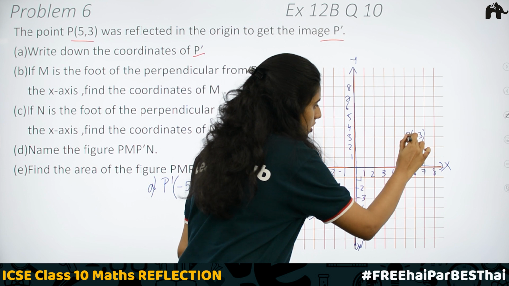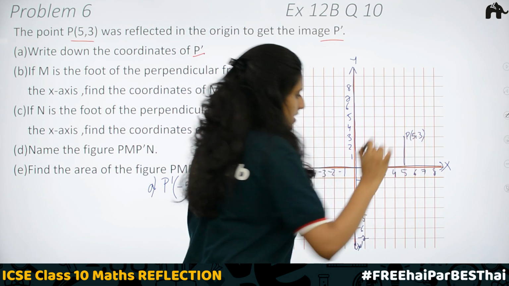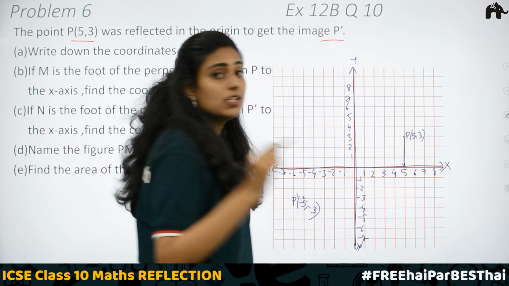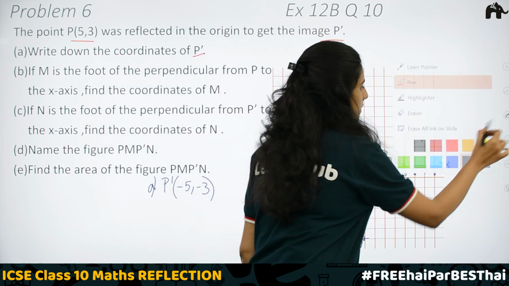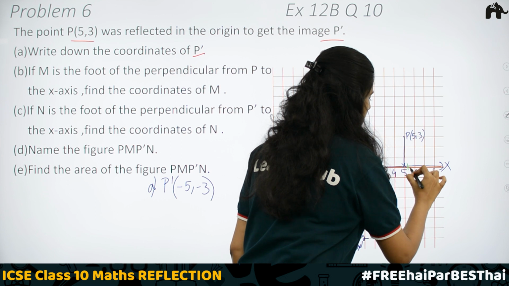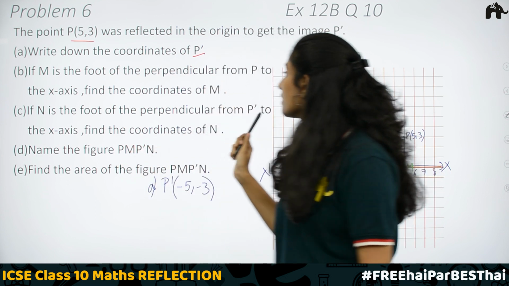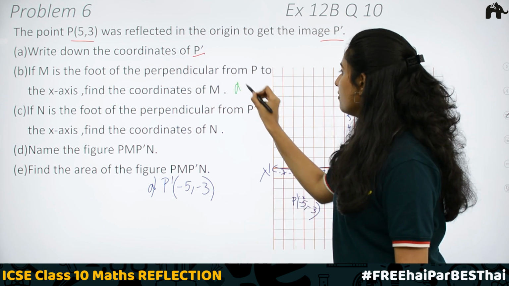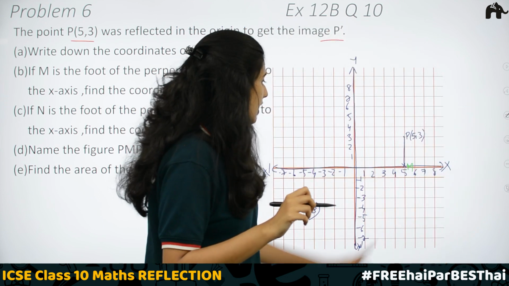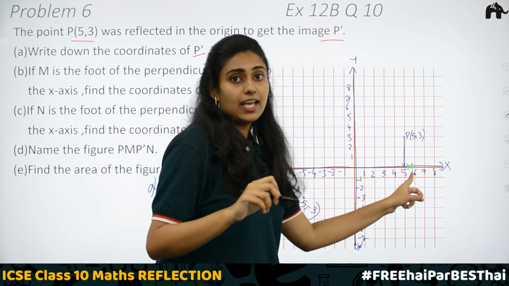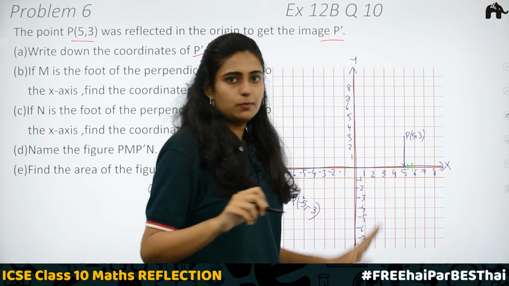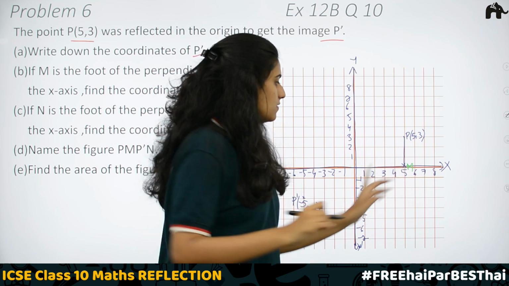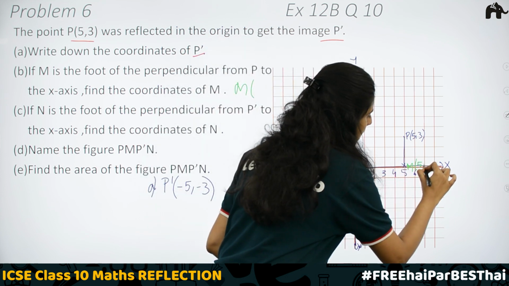So, I am drawing from P to the x-axis, and I am marking a point here which is M. Find the coordinates of M. M is on the x-axis. Therefore, the y coordinate will be equal to 0, and the x coordinate is 5. M is (5, 0).